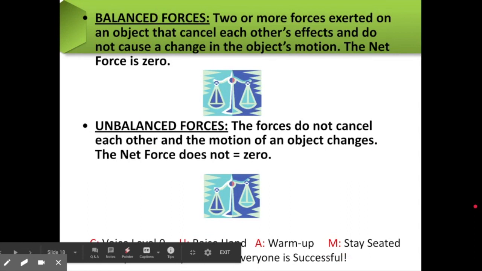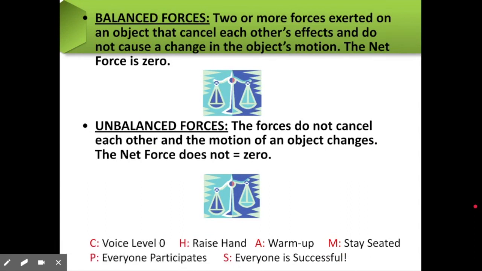Okay, so that leads us to the two types of forces. So we have balanced forces and unbalanced forces. These again are vocabulary words, so make sure that you are familiar with them. So balanced forces are two or more forces exerted on an object that cancel each other's effects and do not cause a change in the object's motion.